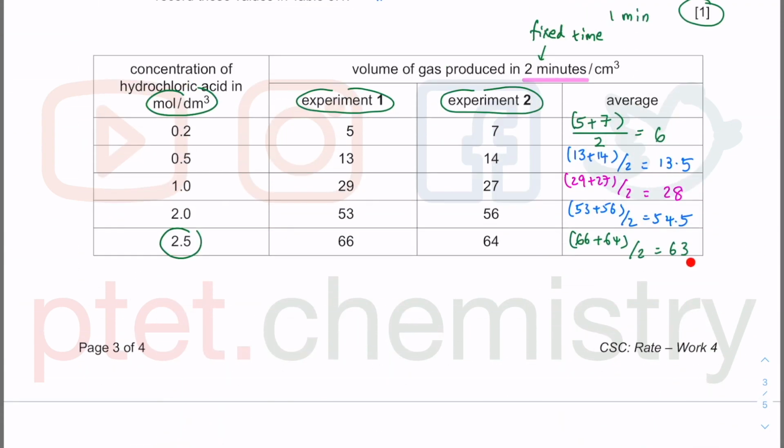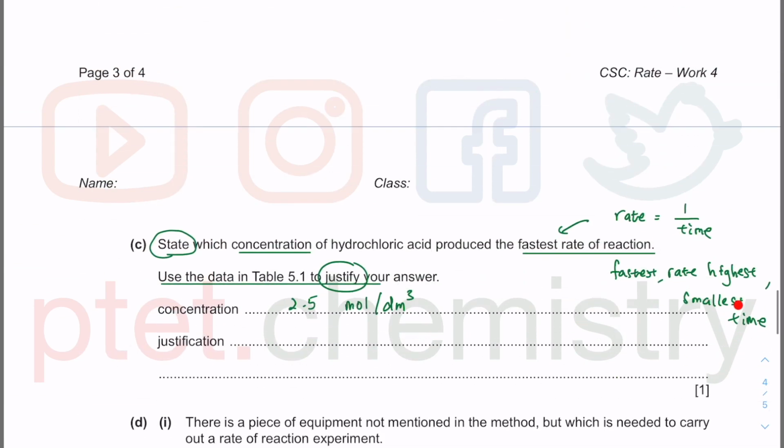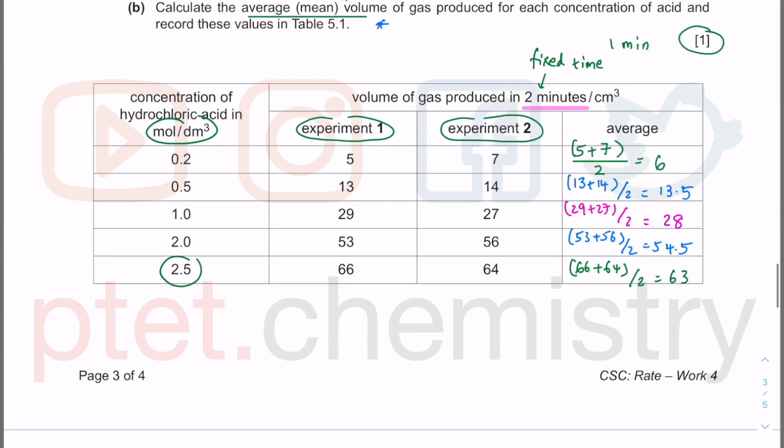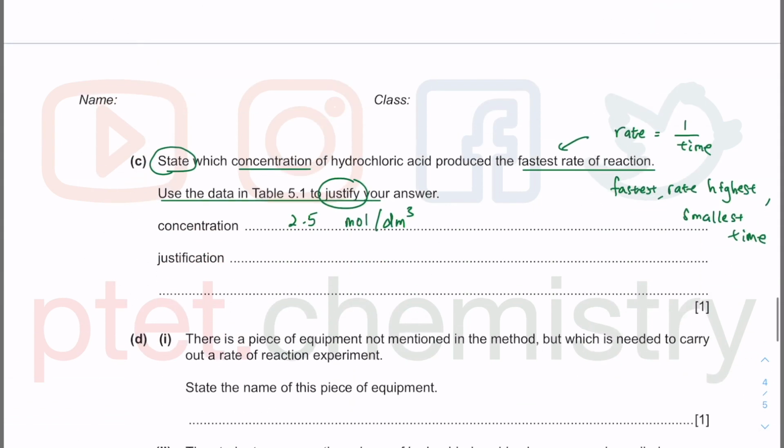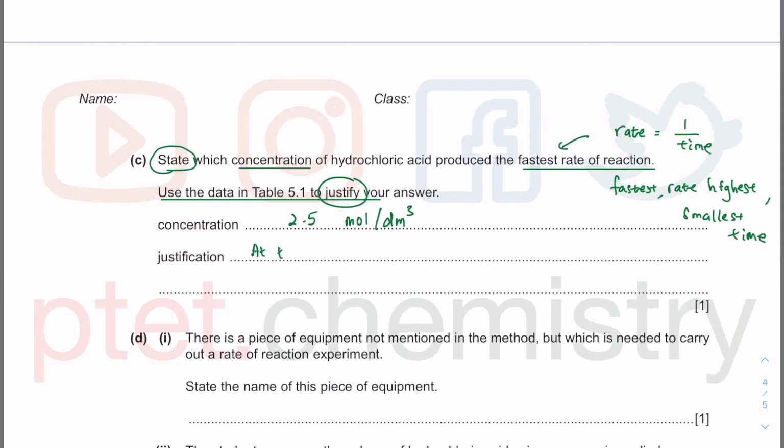Now, what's the data showing us? Actually, I was wrong. Am I wrong? No, I am correct because it's the shortest time. But then we are not looking at time, we're looking at a fixed time, and which one produced the largest volume of gas. This is a volume of gas. The one that produced a lot of gas, at this concentration, the largest volume of gas is being produced.